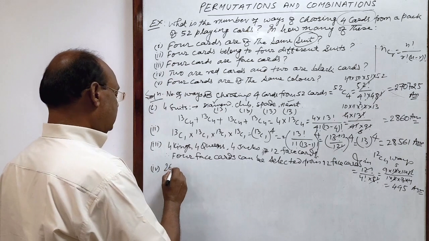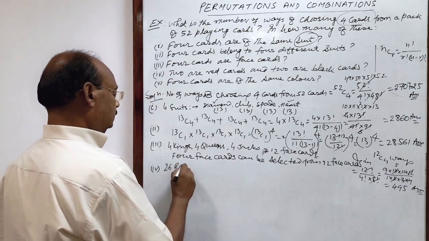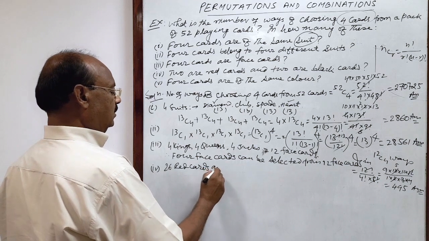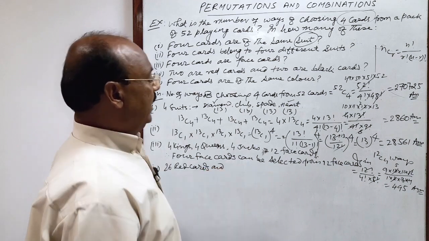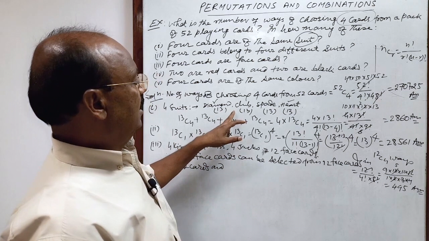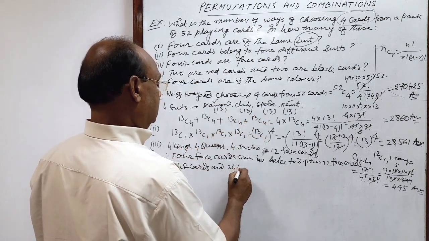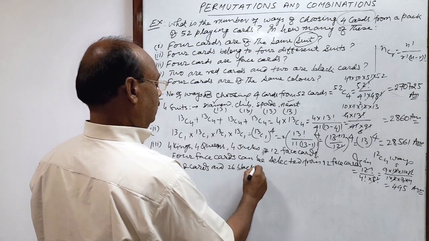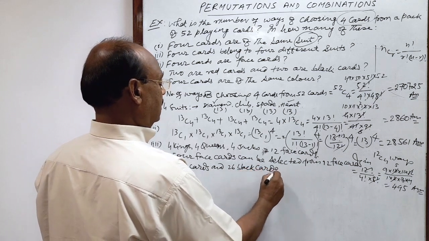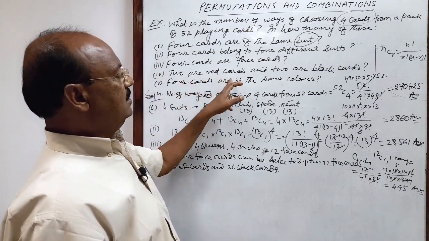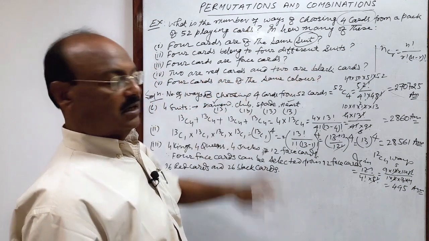So 26 red cards and 26 black cards, because club and spade are black. Okay, so 2 are red cards and 2 are black cards.